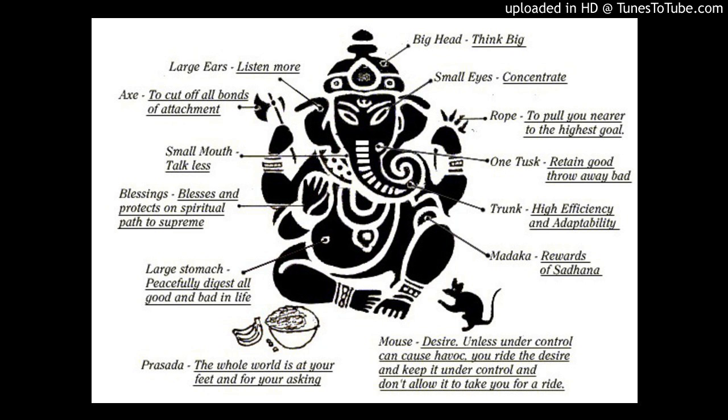Sa, Da, Sa Da Pa, Ma Ga Ri Sa. So this Ragam does not have the Nishadam or no Ni, and in the ascending order there is no Ga or no Gandharam.